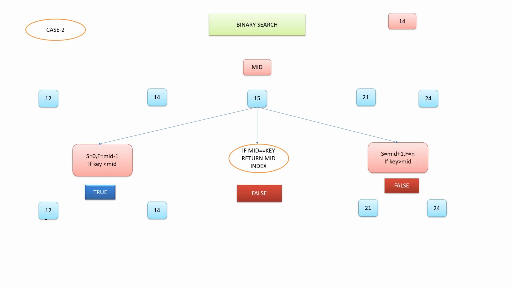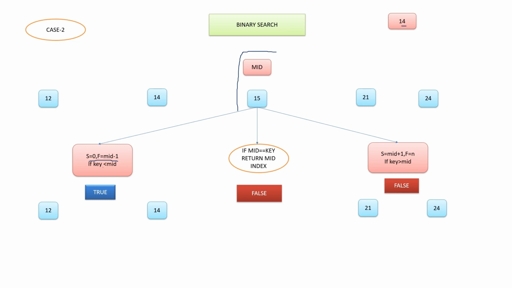Now we have another case in which we want to find the key 14. In our array we have 14. First we divide the array, and we check whether the mid element is our key. If it is not, then we check if the key is smaller than our mid element, and we go for our first half, which starts from 0 till mid minus 1.